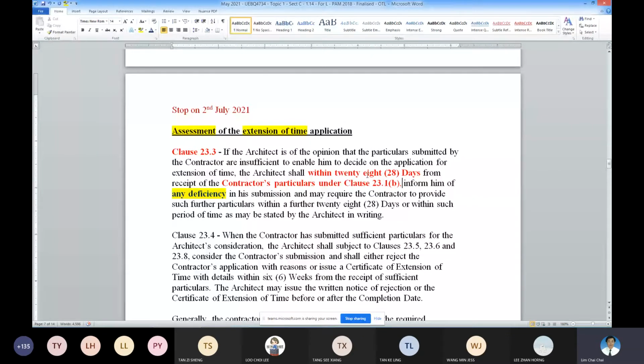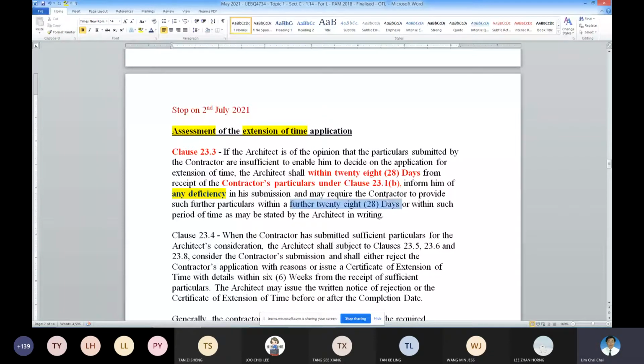Okay, there is a relevant clause to trigger the extension of time claim. Then, once the activity is completed, the contractor must submit all the particulars within 28 days. After submission, if there are deficiencies, the architect will ask the contractor to comply within the 28 days or the extended time. So these are the procedures.